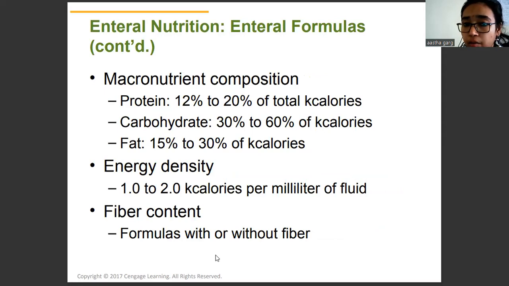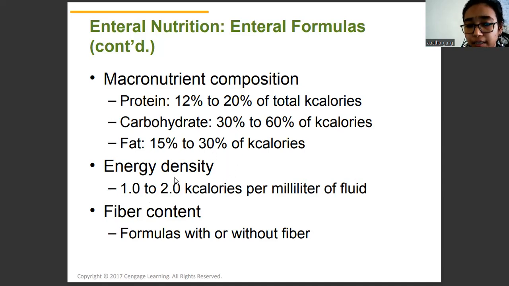This is the general composition of enteral nutrition. A general one, not a modular or the specific one. A general enteral formula would contain protein that would be 12% to 20% of the total calories. Carbohydrate would be 30% to 60% of the total calories, and fat would be 15% to 30% of the total calories.